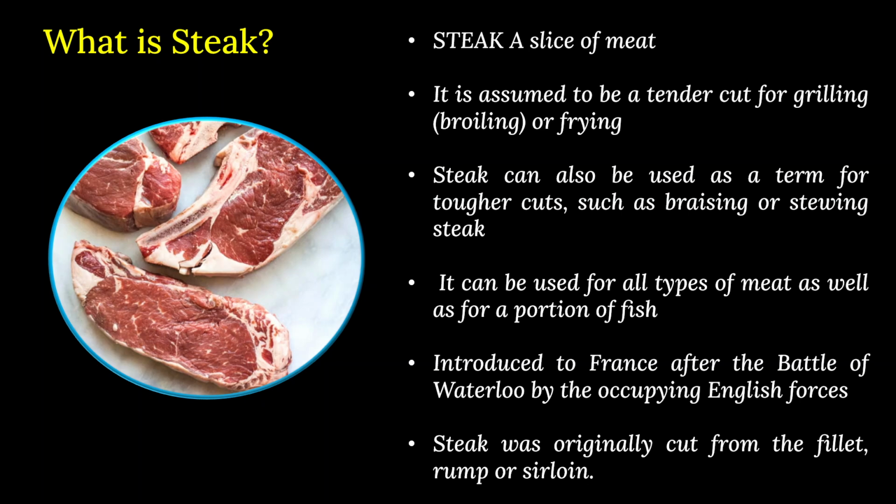By this time, these terms like filet, rump or sirloin are known to you. Already we have covered these in our previous session on beef cuts. So you can well understand that originally the steaks are obtained, especially for beef, from filet, rump or sirloin, and we are going to discuss that area today.